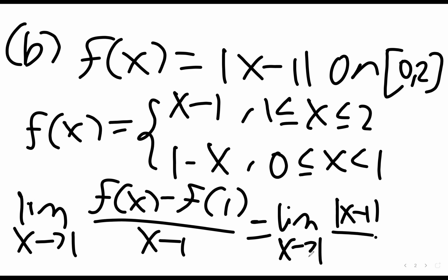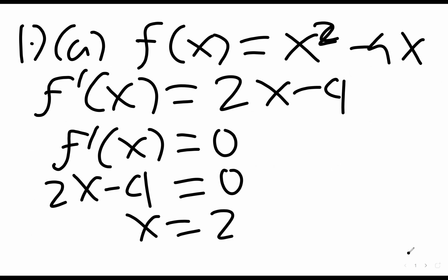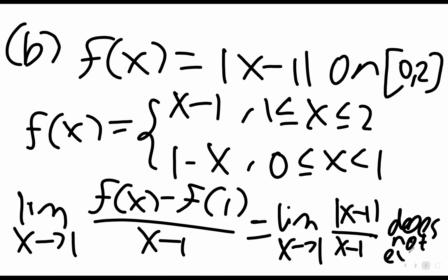So it is the limit of the absolute value of x minus 1 divided by x minus 1. And this one does not exist.